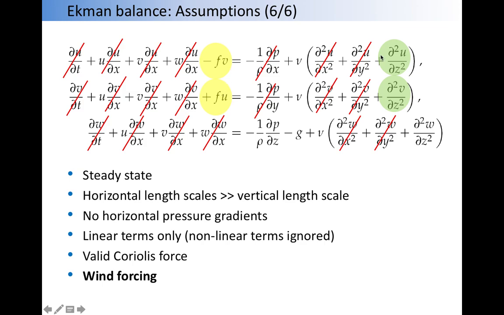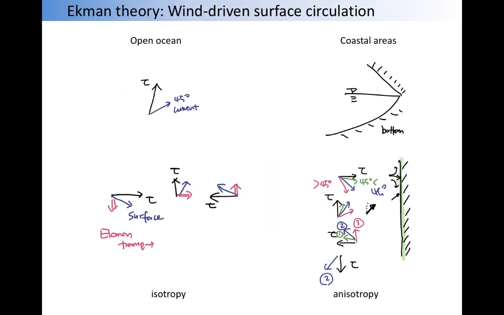The open ocean case will be fine, but Ekman transport generates a pressure gradient that affects the surface current response. Trust me, right? We are not going to look at this pressure gradient as an equation; in the coastal area I will describe the dynamics only, not using equations. So isotropy versus anisotropy: it matters with direction.